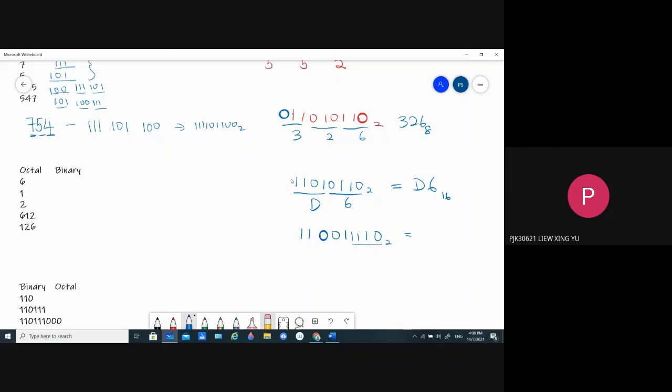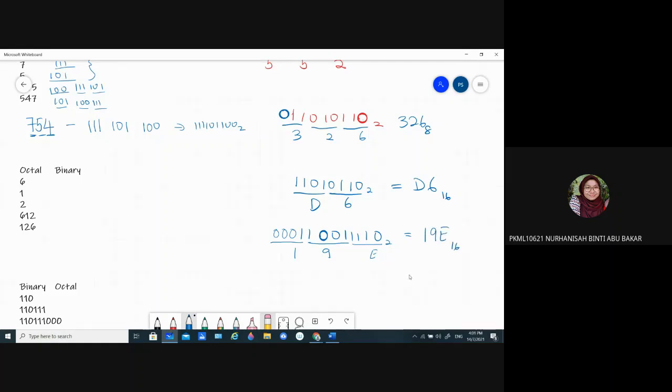So we have one group here, then another group here. So what do we do with this number? Normally we add zeros in front: 0001. This last group, 1110, is E. 1001 is 9. And this one here is 1. So our number is 19E base 16.